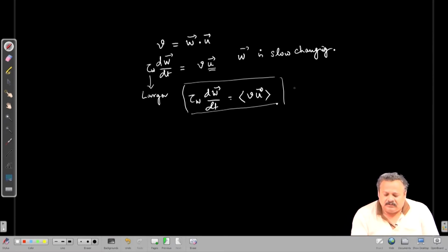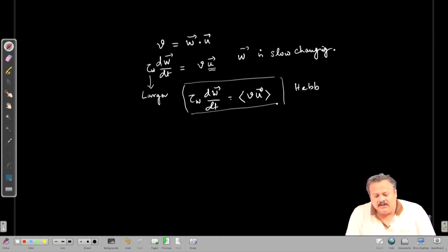This is what the basic Hebb rule is, but as we will see soon, there are a number of problems with this overall idea, and we will need to modify this gradually to other forms which may or may not be biologically based.